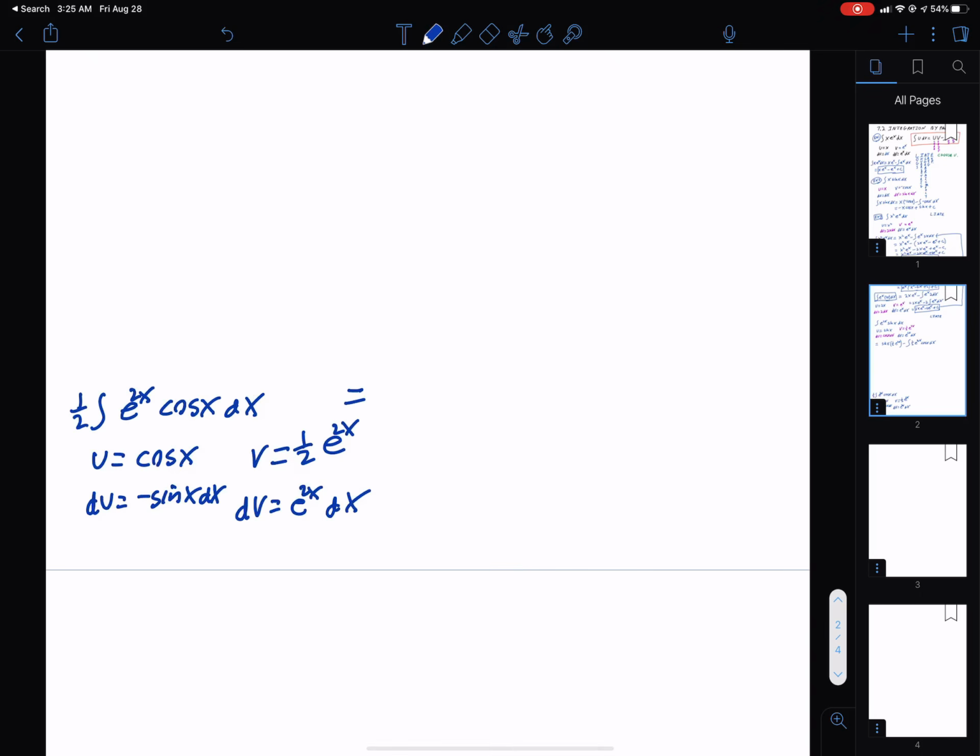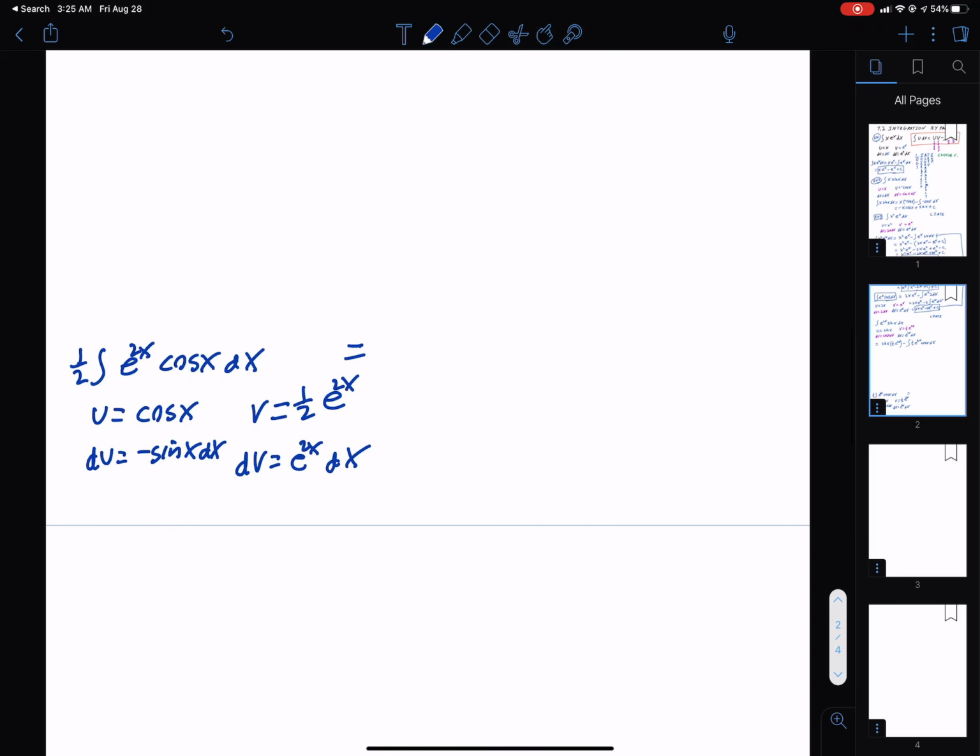Now we do our ultraviolet voodoo on this. The 1/2 is out in front. And now I have cos x as my ultra, 1/2 e to the 2x as my violet, minus the integral of voodoo.